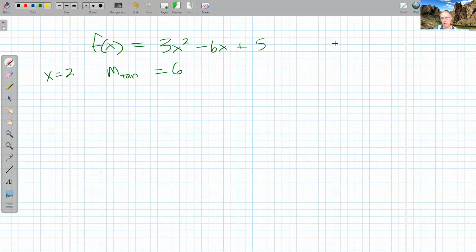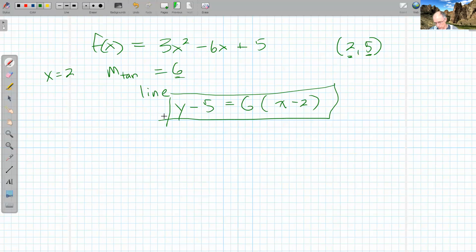This has the point we just calculated, 2, 5. So the actual line should be y minus 5 equals 6 times x minus 2. That's the point slope formula. Plug in the y value, plug in the x value, plug in the slope. So that should be the tangent line.